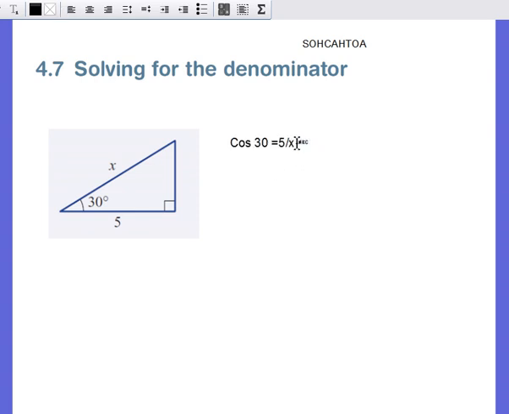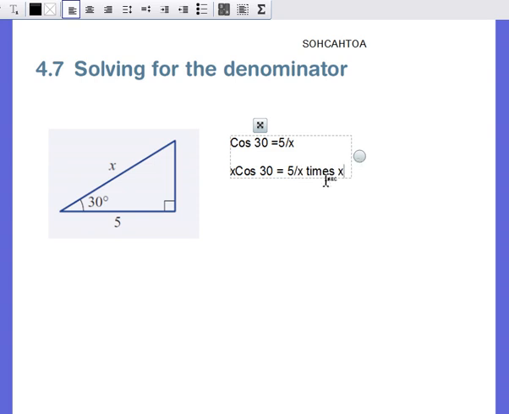So what I'm going to do is multiply both sides of this equation by x. I don't know what x is, but it doesn't matter. So x times cos 30 is going to be equal to 5 divided by x and then times x.